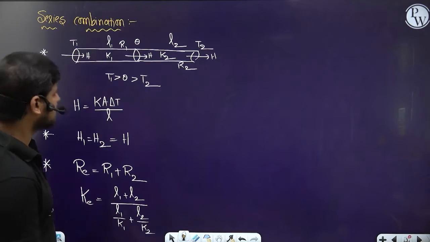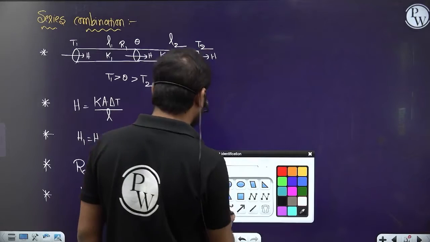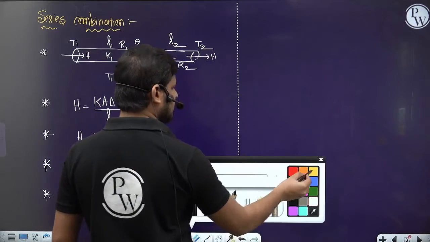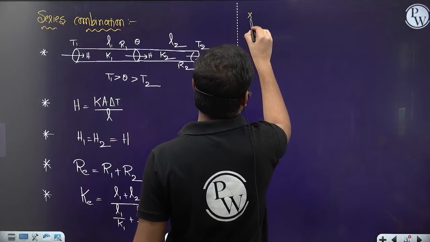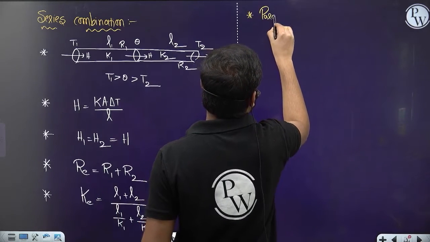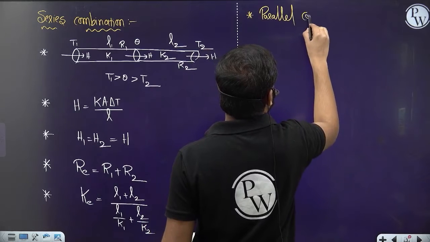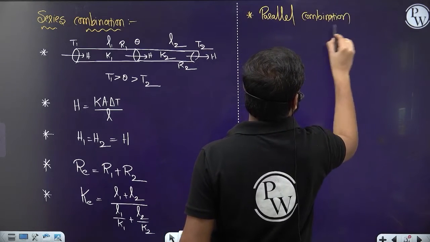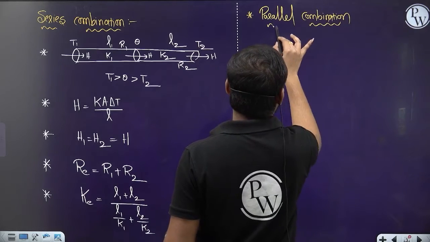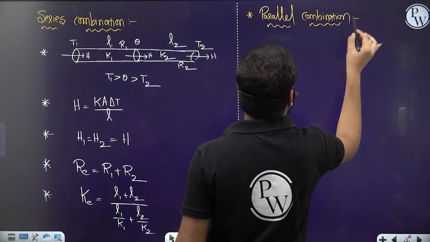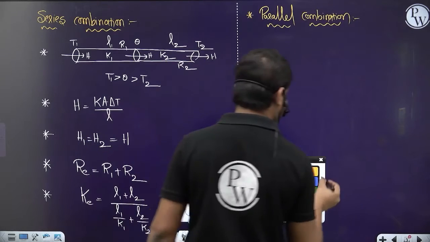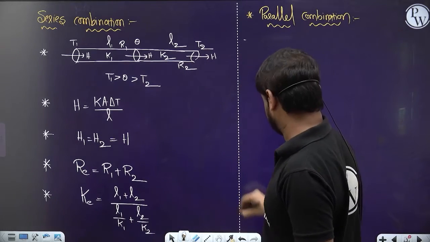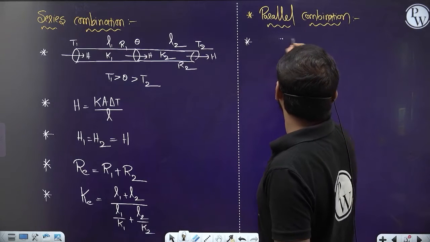So this is about the series combination, and we have also seen the parallel combination. Let's write the parallel combination of the rods formula. Here let's say we have two rods.